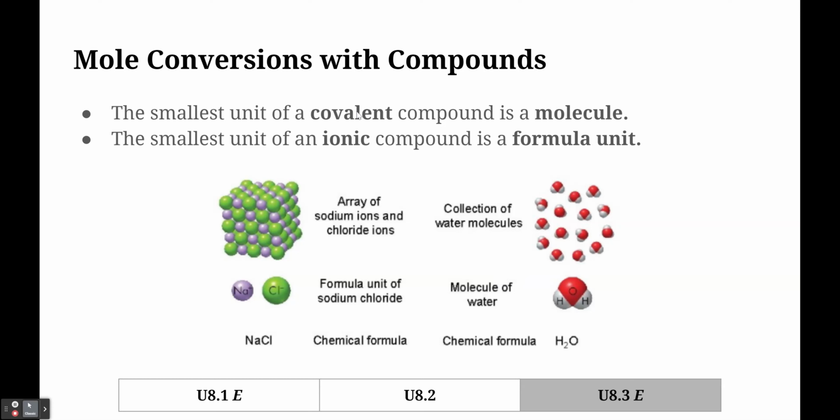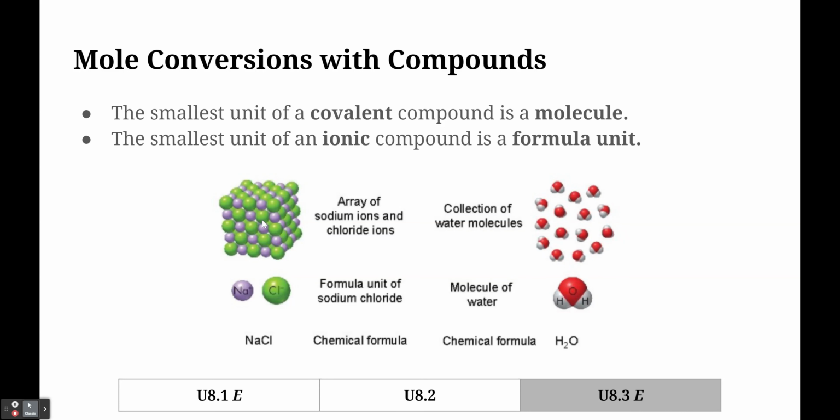If we are talking about covalent compounds, those are called molecules. Like a collection of water molecules here, if you look on the right side, one piece of that that's still water is called a molecule, and that would just be the formula H2O. Ionic compounds, you don't call them molecules because of the way ionic compounds are structured.